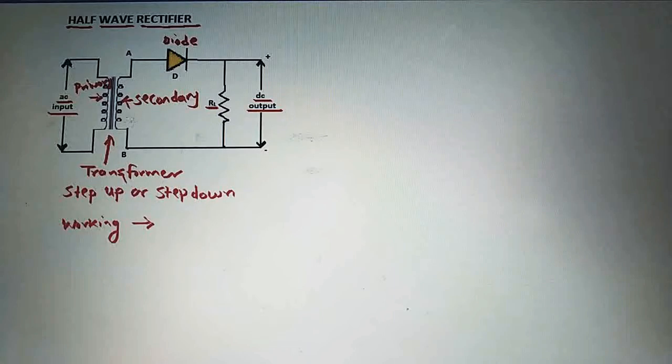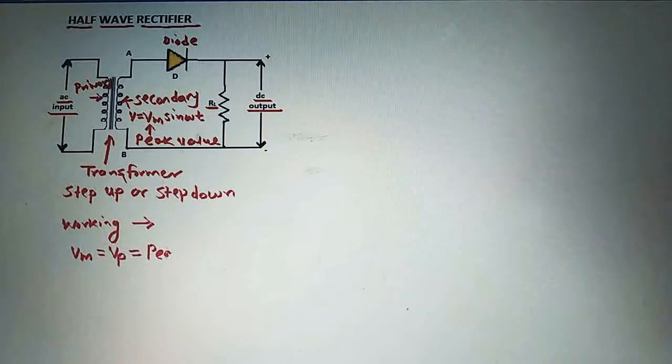So the output of a transformer is also an AC, and that output will be obtained across this secondary winding here, and we are considering the AC output across the secondary winding as V is equal to Vm sine of omega t, where this Vm is the peak value of this AC across the secondary winding of a transformer, and we can write here Vm is equal to Vp, the peak value of AC across the secondary winding of a transformer.